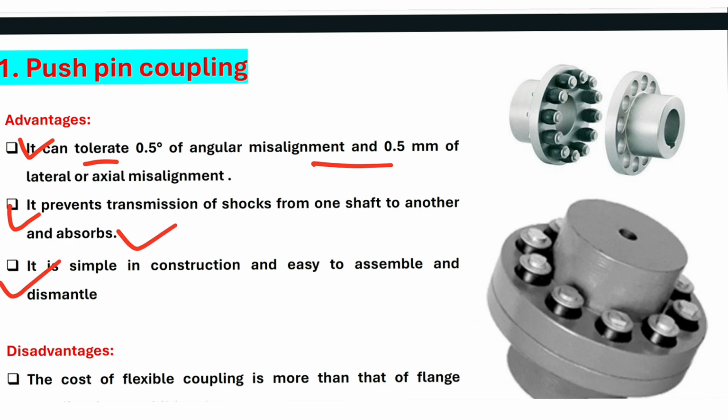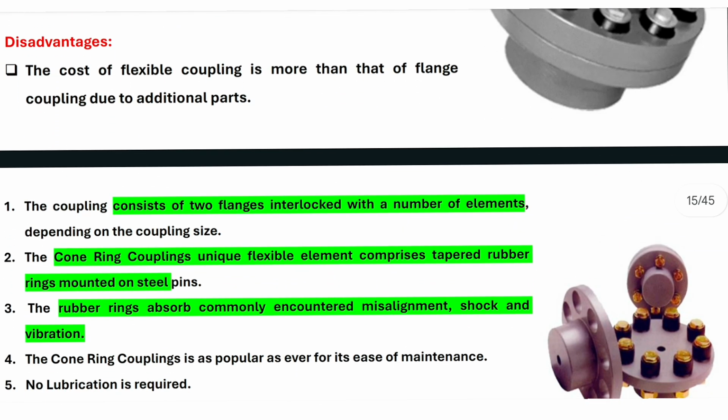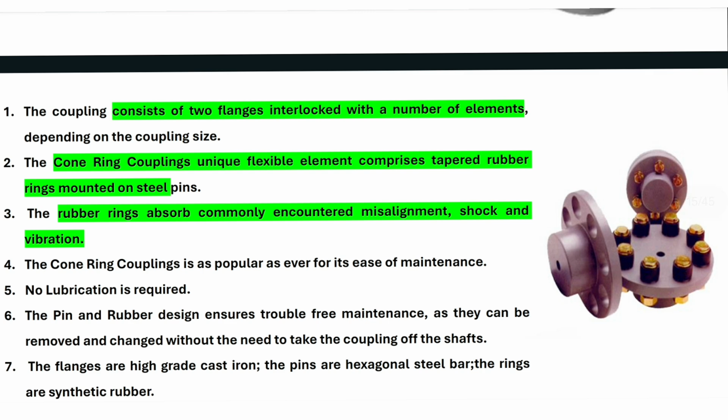Third, it is simple in construction and easy to assemble and dismantle. Okay. Disadvantage of this coupling is the cost of flexible coupling is more than the flange coupling due to additional parts. Okay. This coupling consists of two flanges interlocked with a number of elements depending on the coupling size.